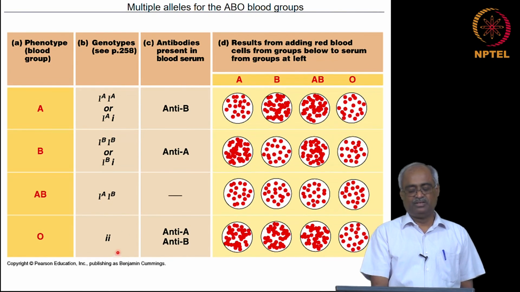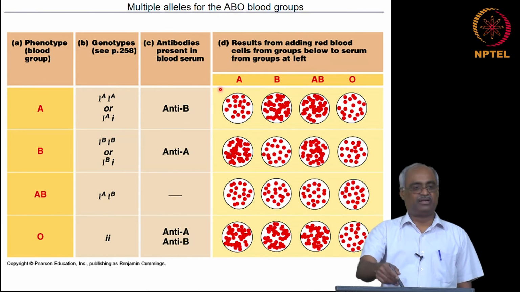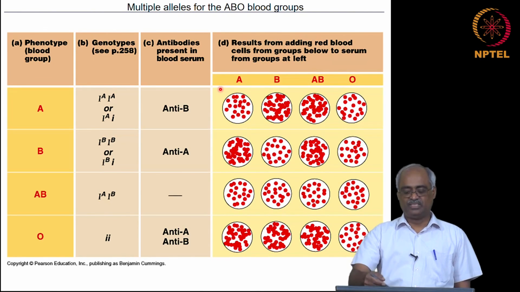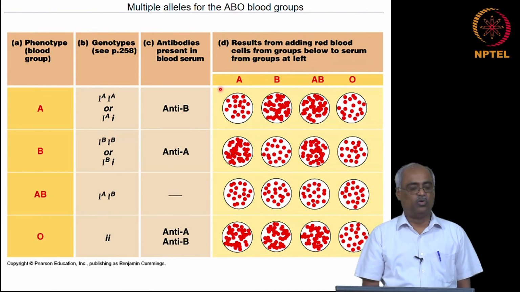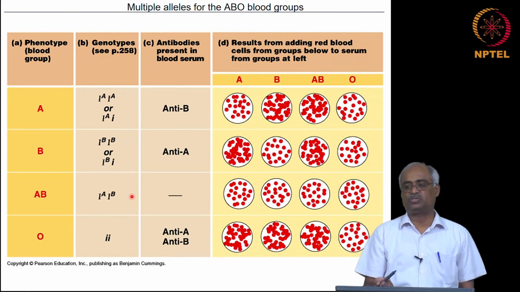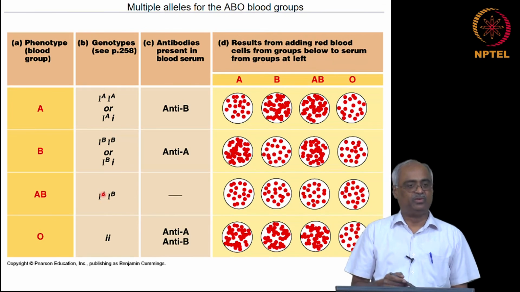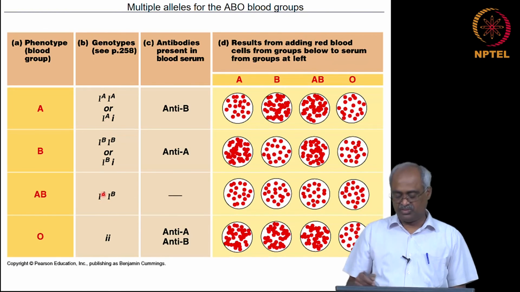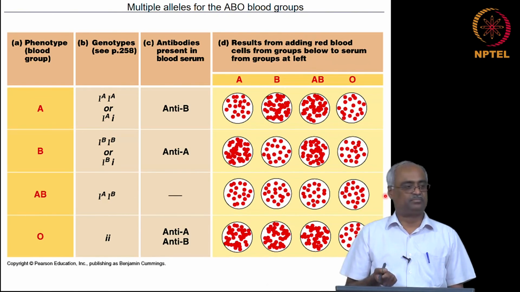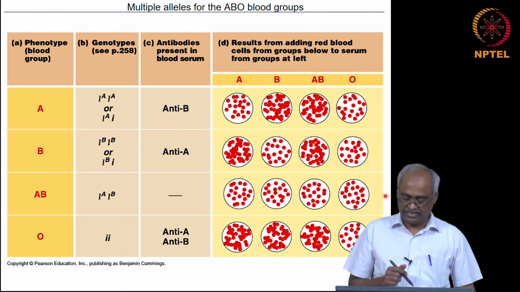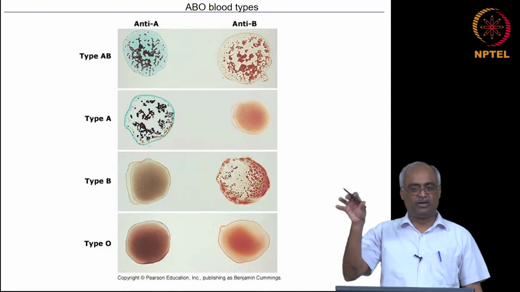Now the way it reacts with the corresponding antibodies is where you find that it is codominant. When it is AB, both show up. They have antigen for both and therefore they lack antiserum for both, so you do not get any reaction. So, that is codominance. You understood how codominance is possible.